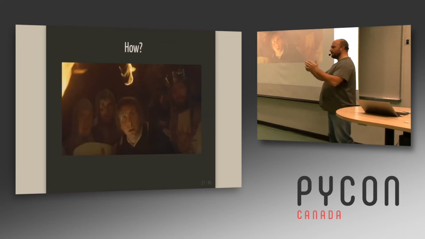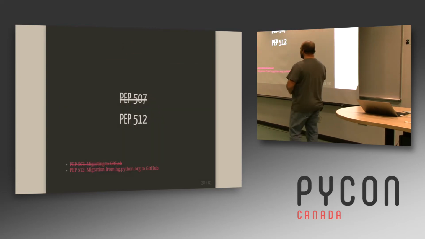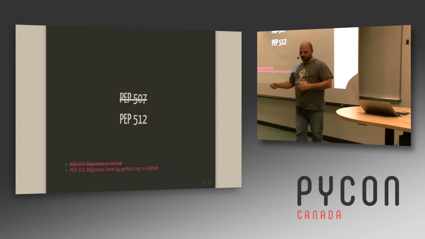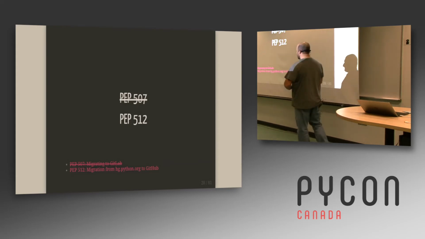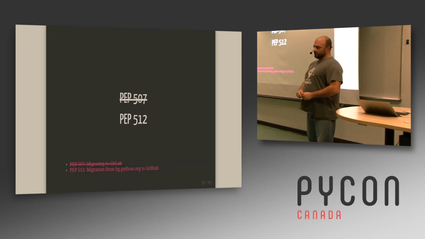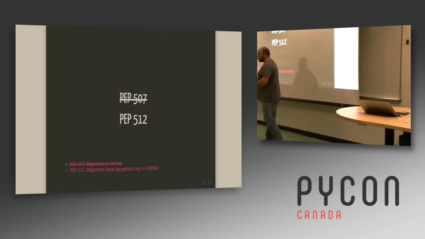How can we simplify this workflow? Firstly, we have to return to the past, in 2014, where some developers of Python discussed the complexity of the workflow. "Hey, maybe we could return to SVN."